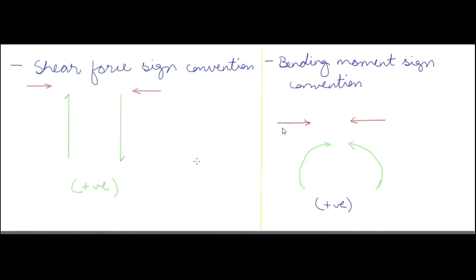If you are computing the bending moment from the right, clockwise is the positive value, and if you are computing from the left side, then anti-clockwise bending moment will be the positive value. So from the left anti-clockwise, and from the right it's clockwise.